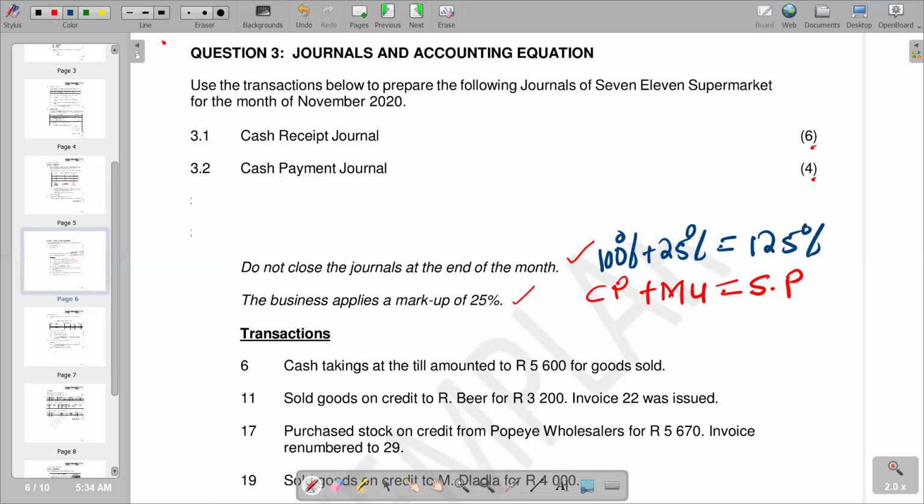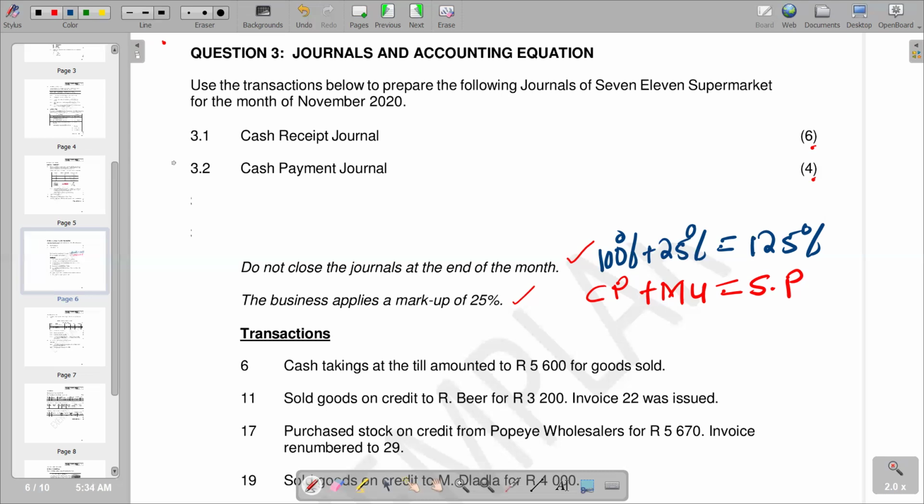If there is any transaction which does not involve the movement of money, we are not supposed to enter it in the cash receipts journal. For example, if we have sold goods on credit, it means we didn't receive any money, so that transaction does not fit in the cash receipts journal.